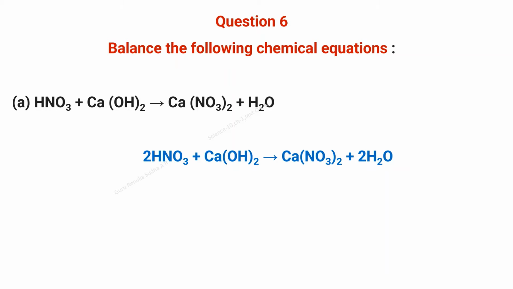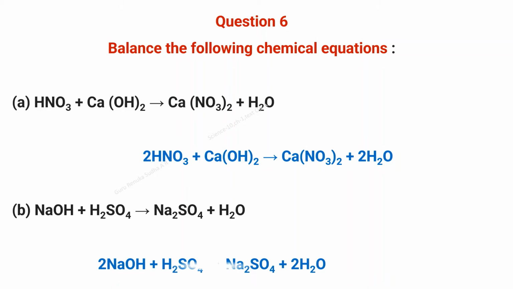Then I have multiplied some numerical values with the number of molecules on the reactant side and the product side. Then I have written this equation. The answer which I have written is in balanced form. Likewise for B, we have to check and balance like this. Once you go through how I have balanced it, you will get the answer.